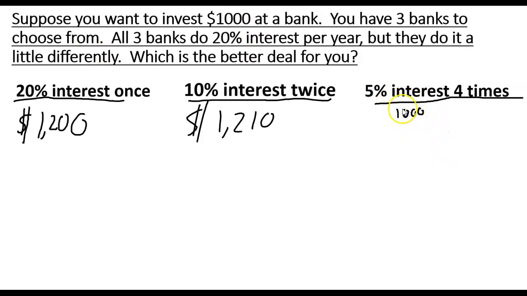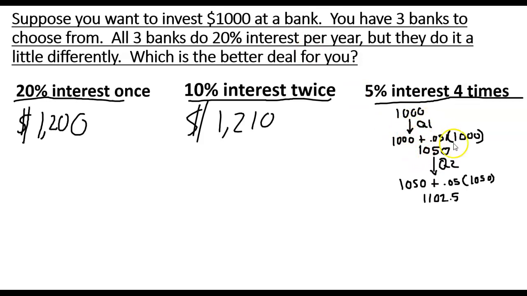Once again, we start off with $1,000, right? But they're breaking the year up into 4 quarters. And so after the first quarter goes by, they're willing to give us 5%. And there it is. Now after quarter 1, we're up to $1,050.